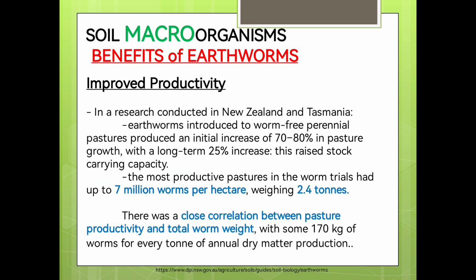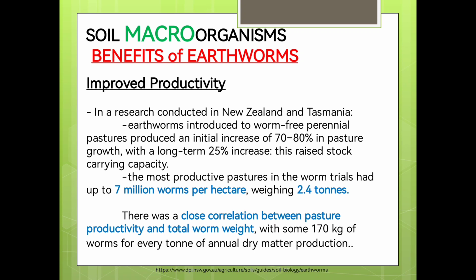They also improve productivity. In a research conducted in New Zealand and in Tasmania in Australia, earthworms introduced to worm-free perennial pastures produced an initial increase of 70 to 80% in pasture growth, with a long-term 25% increase, and this raised stock carrying capacity.